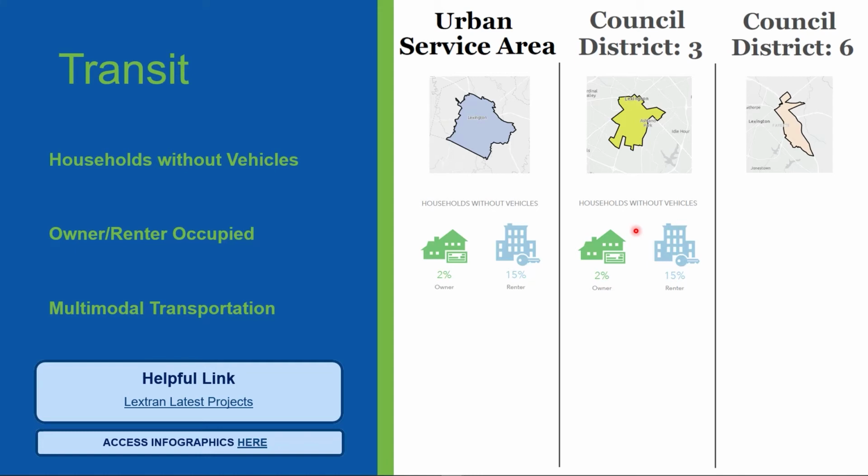Council District 6, though, also surprised me, but in a different way. So for renter-occupied housing units, almost a quarter of households are without vehicles. This is really interesting when we look at where they're located and think about continuity and connectivity to that area. I think it'd be really interesting to look at this area more closely and see how many households, for example, are within proximity of multimodal transit opportunities.